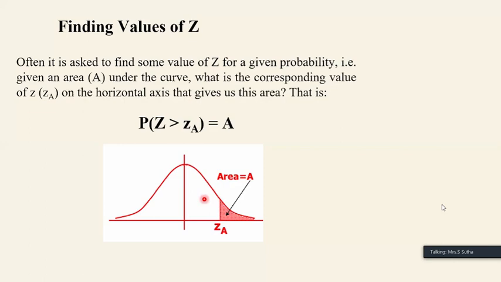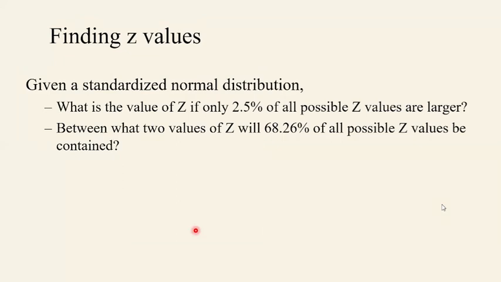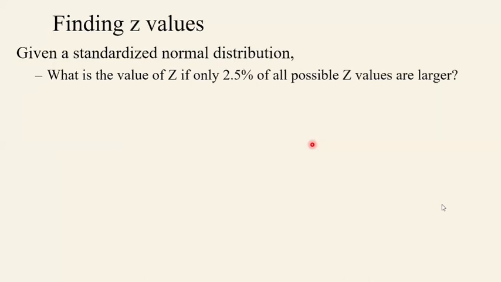Right. So now we take a simple example. There are two questions. What is the value of Z if only 2.5% of all possible Z values are larger? Or between what two values will this be, right? Now we will go one by one. First we will take this one.